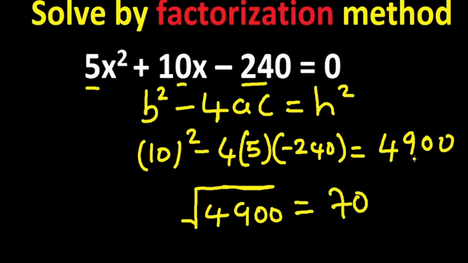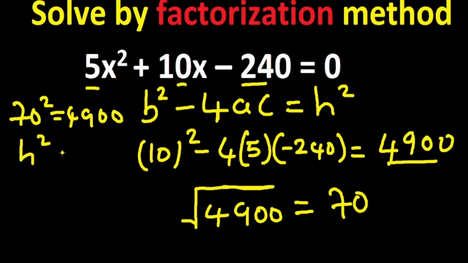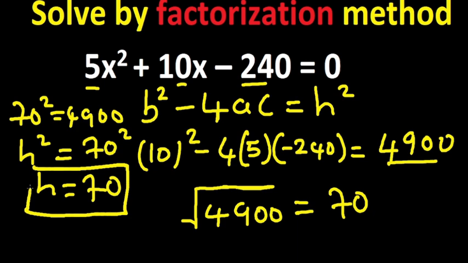So as you can see, 4,900 is the square of an integer, because 70 squared is going to give us 4,900. So that means h squared is 70 squared, so h is 70. Just take note of this value of h, which is the discriminant, because we're going to use it in the subsequent explanation as I show you the trick.